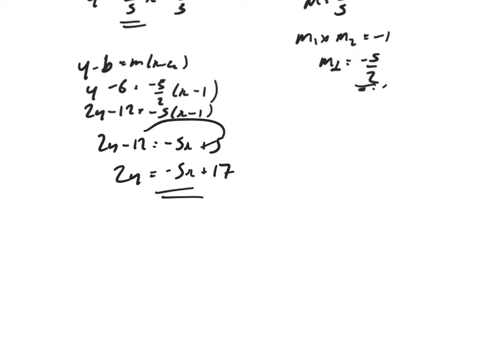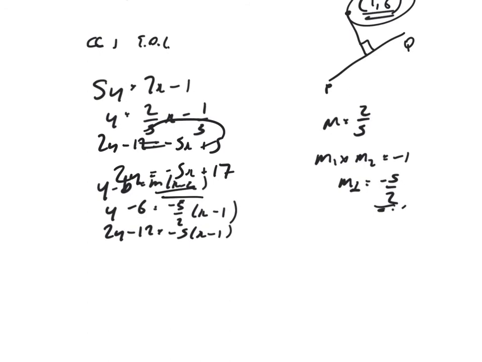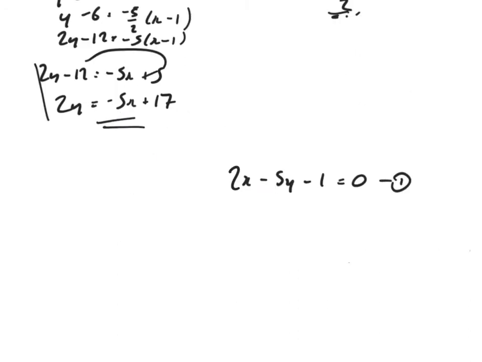Okay, part B is now looking for the point of intersection of both lines. So that's going to be simultaneous equations. My first equation is 2x minus 5y minus 1 equals 0, and my second equation is 2y equals minus 5x plus 17.